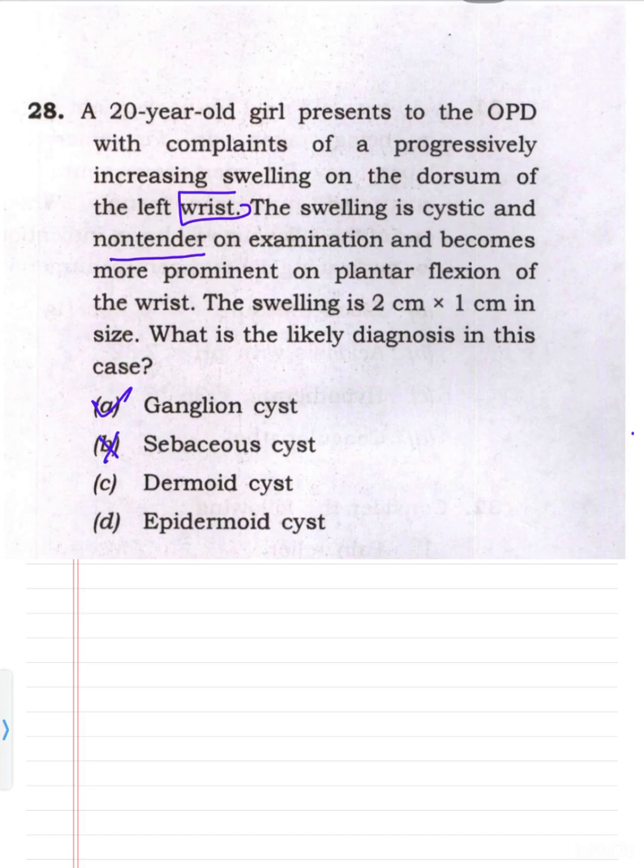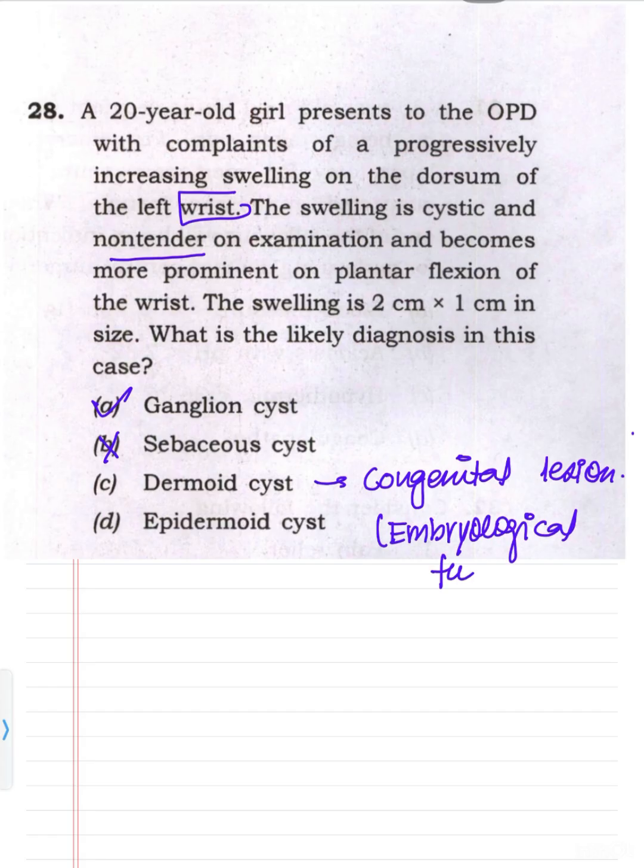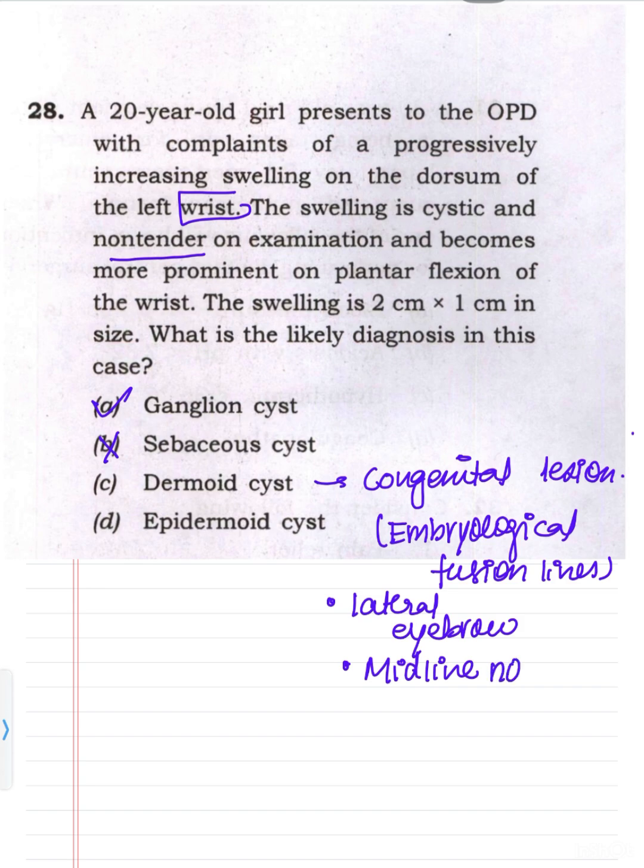Now coming to the third option, the dermoid cyst. So dermoid cyst is a congenital cyst. Congenital lesion, and it is found over the areas where there are embryological fusion lines. Classical sites are lateral eyebrows, midline nose, or floor of the mouth.